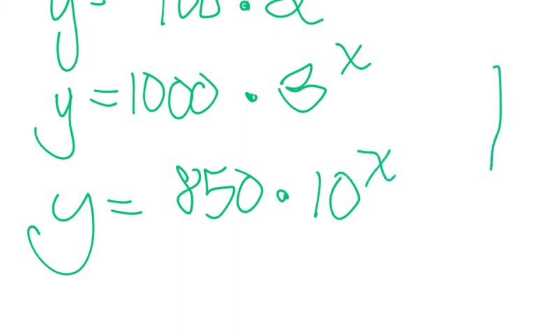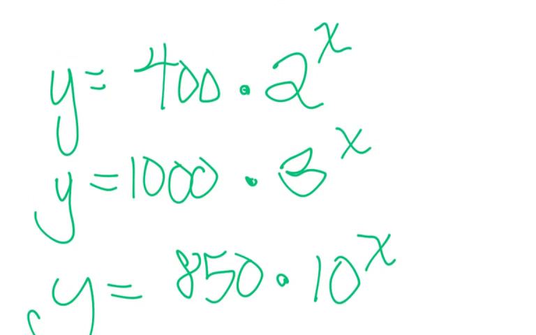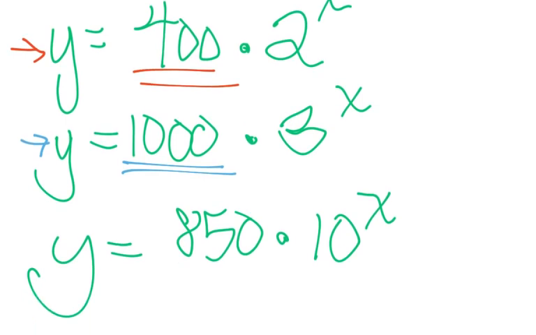I can tell you from these equations what everything means. This means in this equation that I started with 400 of whatever it was that I was counting. In this equation, it meant that I was starting with 1,000 of whatever. It could be $1,000, 1,000 bacteria. And in this one here, this meant that I'm starting with 850.